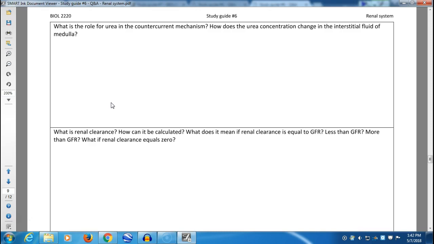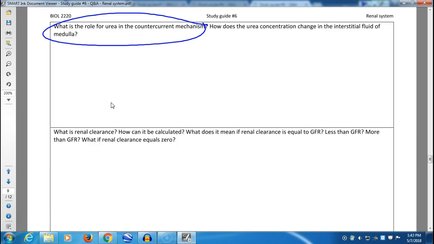Urea, what you need to know, so you need to know that it maintains the medullary gradient. Does that make sense? Remember we talked about it, that the whole reabsorption thing in the nephron loop is because there is a gradient in the medulla. From the superficial medulla to the deep medulla, osmolality increases because of urea.